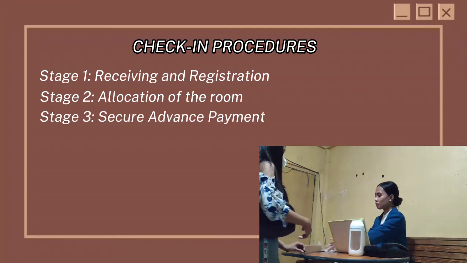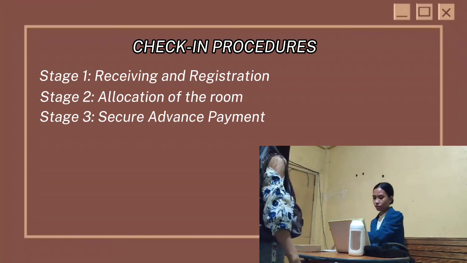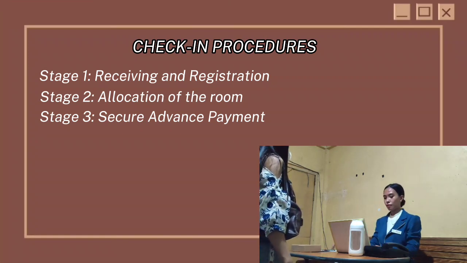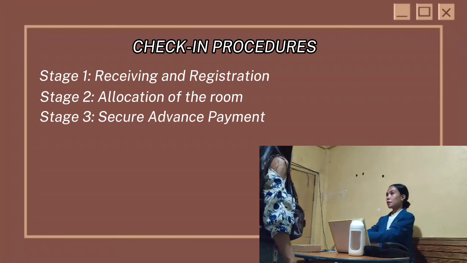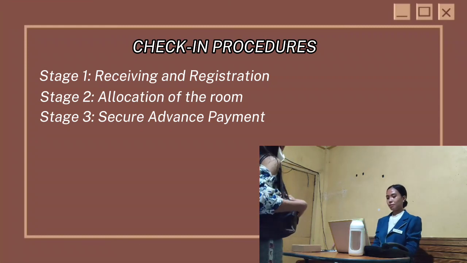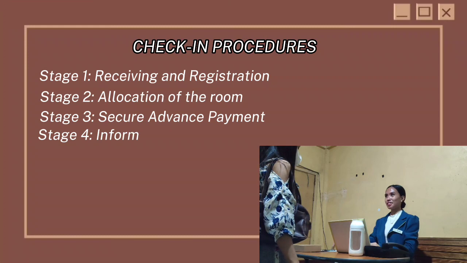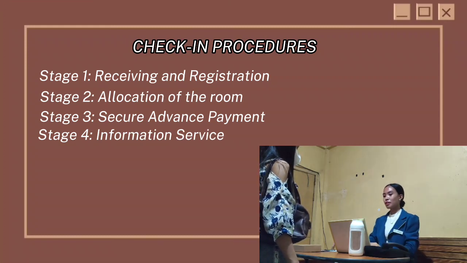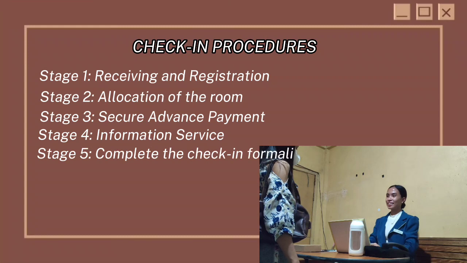Stage 3. Secure advance payment. It is usually done by accepting cash or taking the credit card. Stage 4. Information service. The receptionist is responsible for informing guests about the facilities and services offered by the hotel. Stage 5.